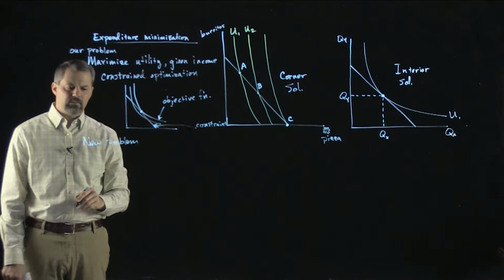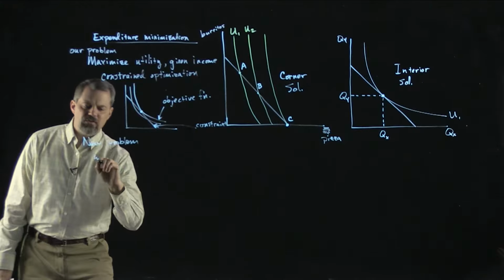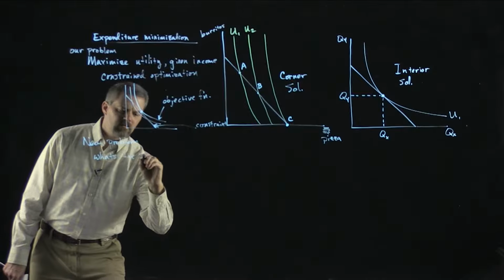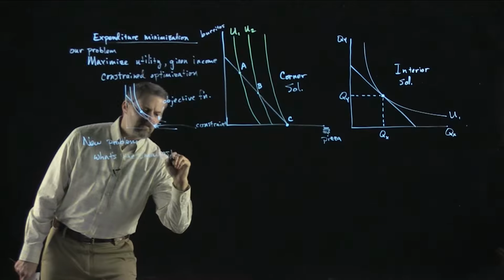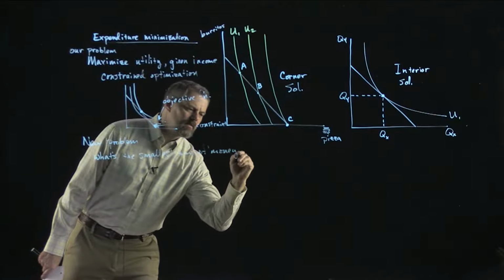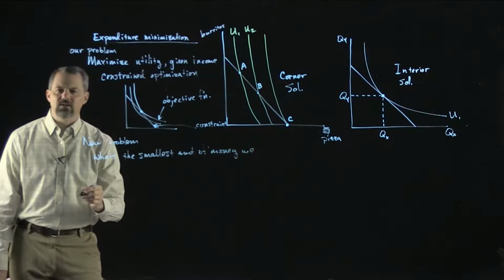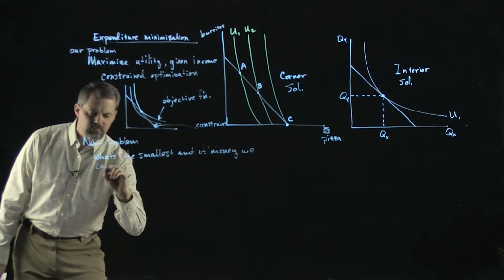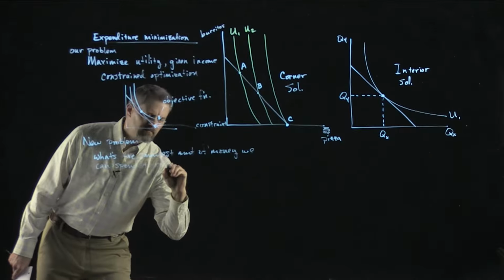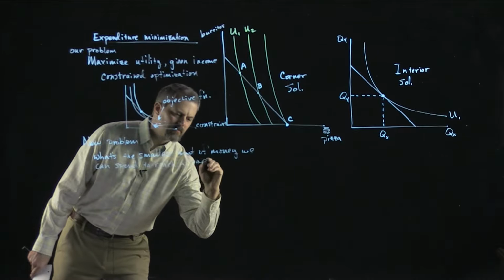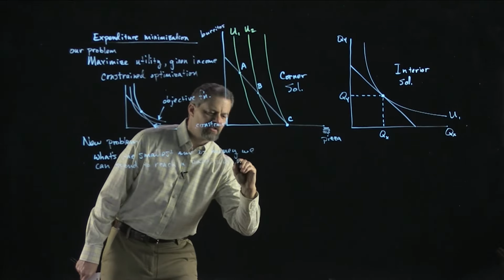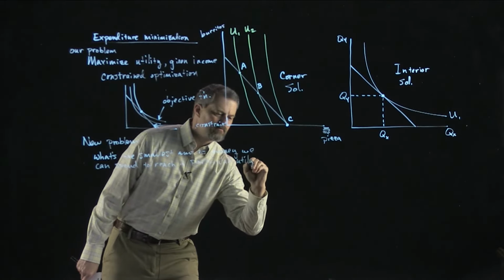So here's a new problem. What's the smallest amount of money we can spend to reach a particular utility level? It's the smallest amount of money we can spend to reach a particular utility level.